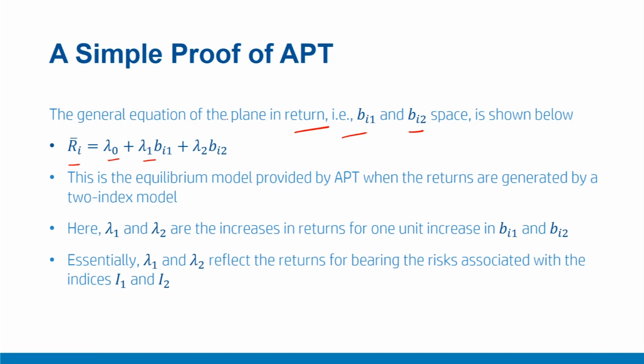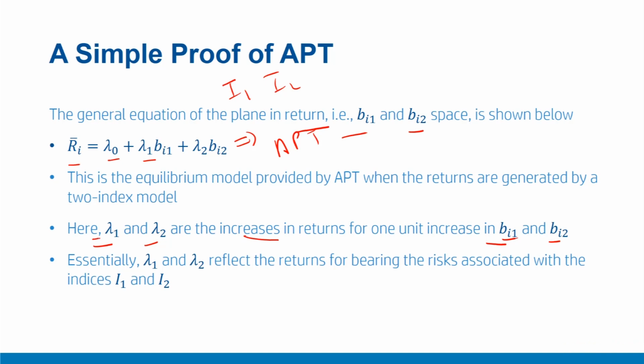This definition is the contribution of APT to the asset pricing model, as defined by the multi-index and single index models. So this equilibrium model is precisely provided by APT, where the returns are generated by two indices I1 and I2, and lambda 1 and lambda 2 here are the increase in returns, or you can call them risk premia, for 1 unit change in BI1 and BI2.